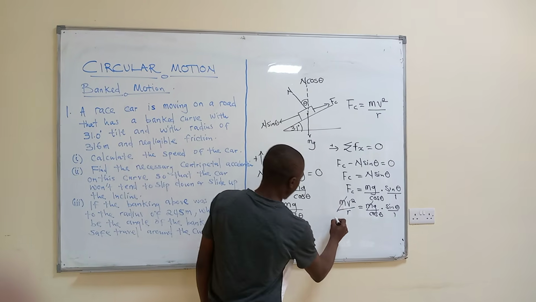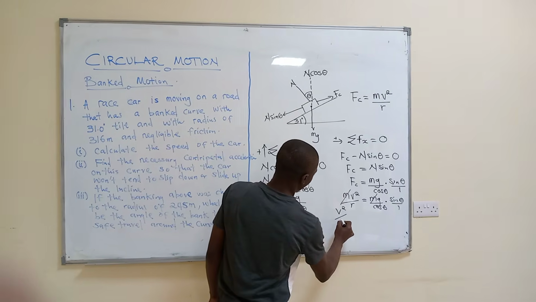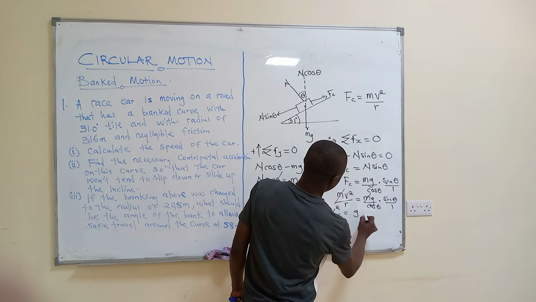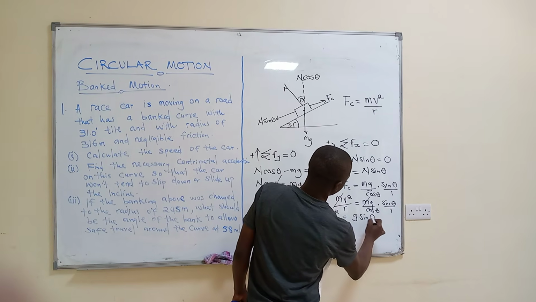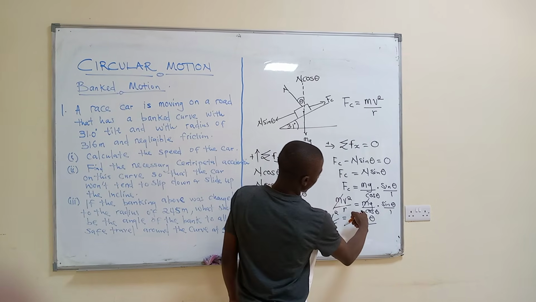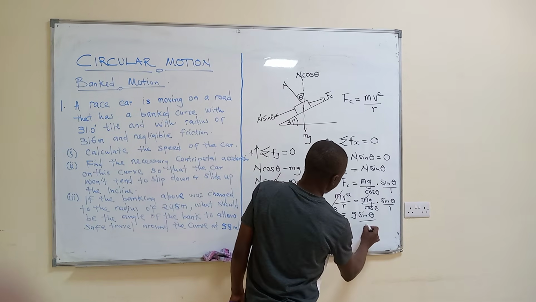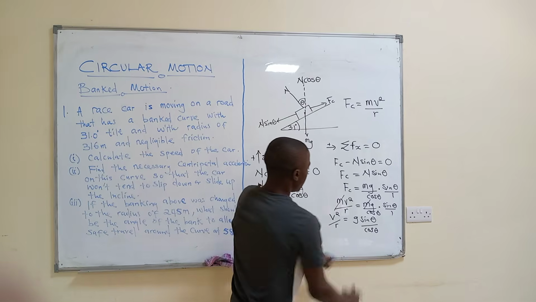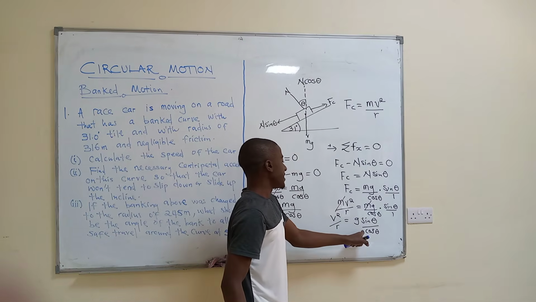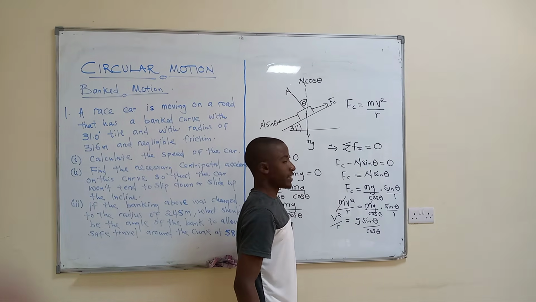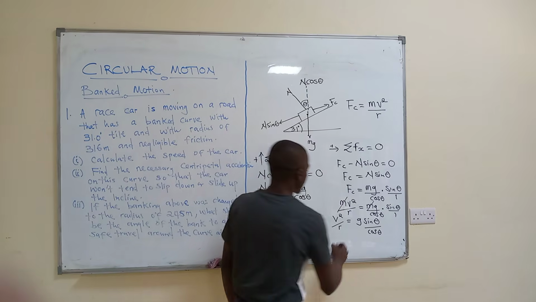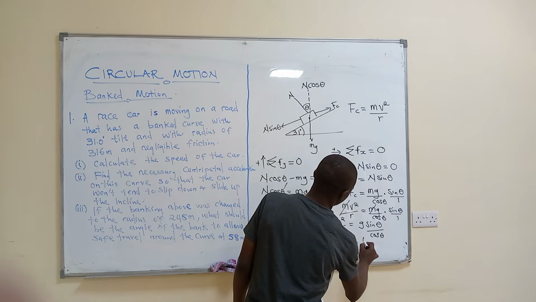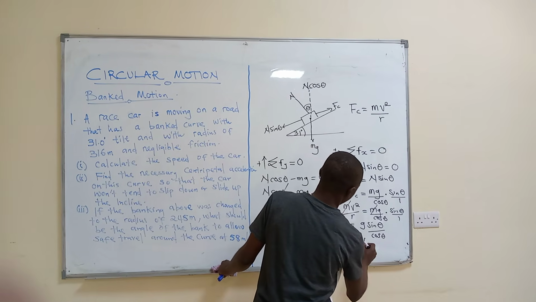I'm going to remain with v squared over r is equal to g sin theta over cos theta. So now, this is the trig identity: sin theta over cos theta, that is tan theta. So v squared over r is equal to g tan theta.